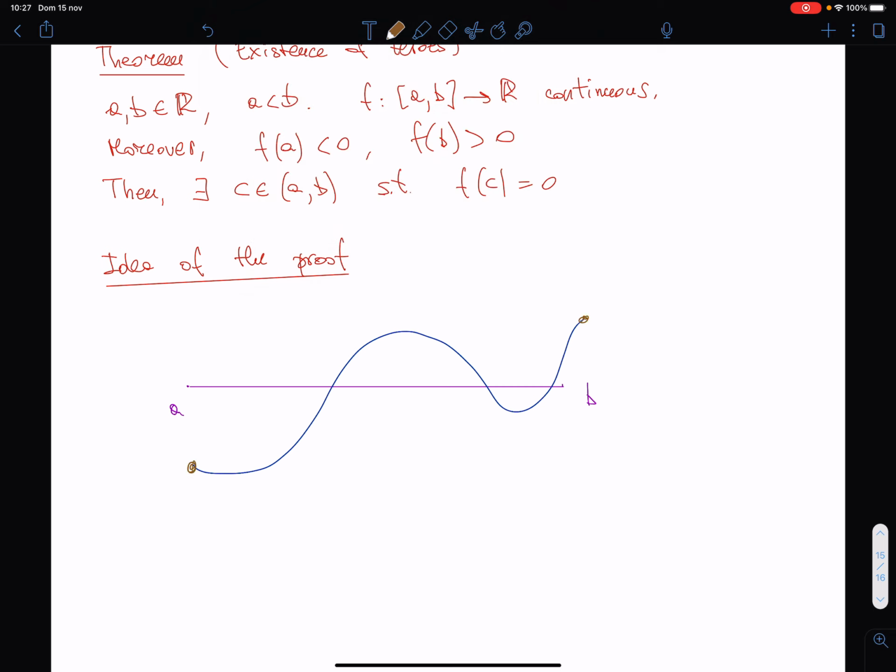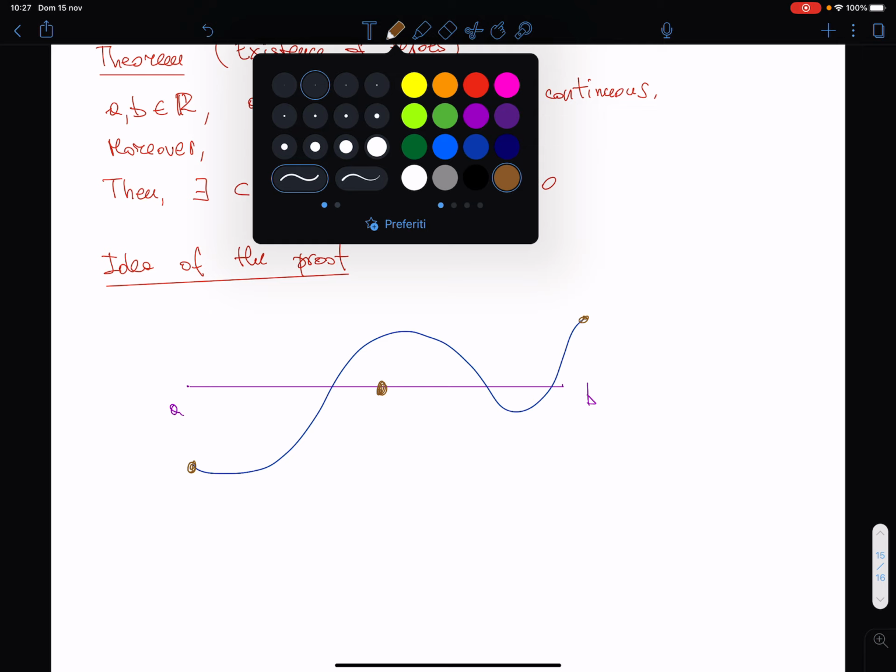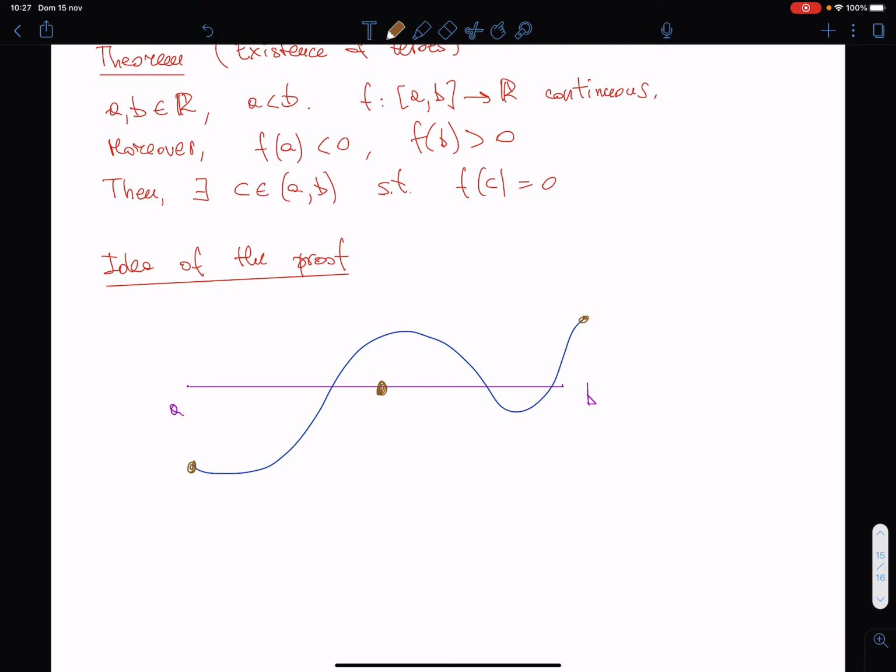So what you do, you go to the middle point, (a plus b) divided by 2, and then you check whether at this middle point the function is larger or smaller than 0. Then you find that this is larger, and now you change some names.